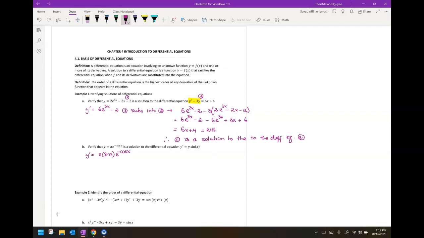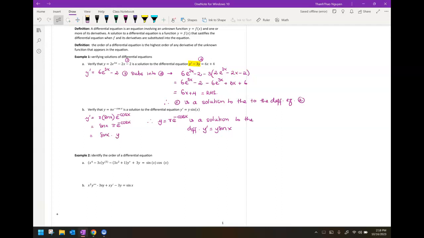So this is really equal to sine of x times pi e to the negative cosine x, which equals sine of x times y. That satisfies the given differential equation. Therefore, y equal pi e to the negative cosine x is a solution to the differential equation y prime equal y times sine of x.